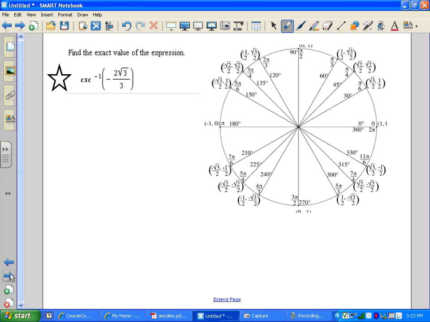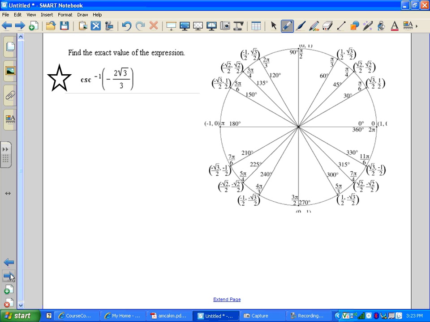All right, next one. This one's a little bit different, although I really think we could figure this one out. Now, this one's got inverse cosecant of negative 2 square roots of 3 over 3. They really didn't give us any of these with inverse cosecant.